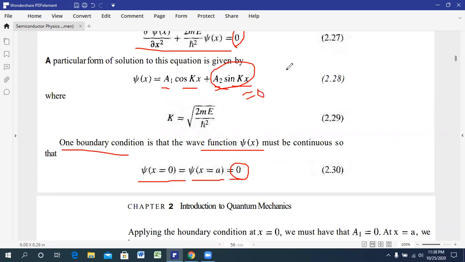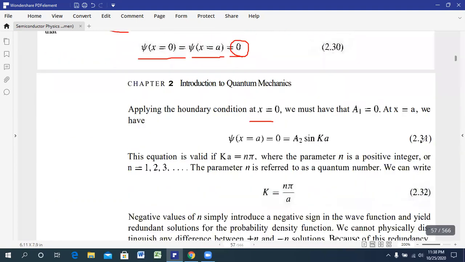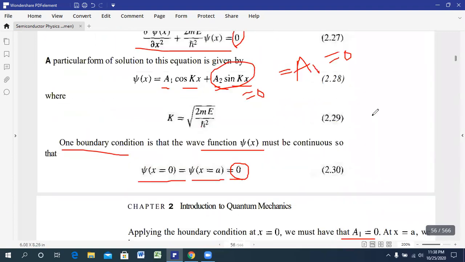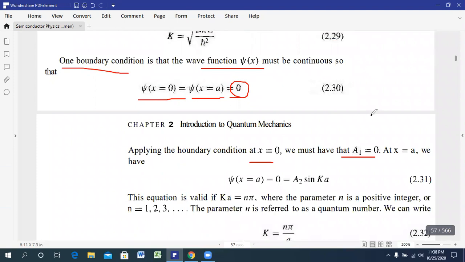So a1 should be equal to 0. Now we have found a1. What is left here? We need to find the value of a2.